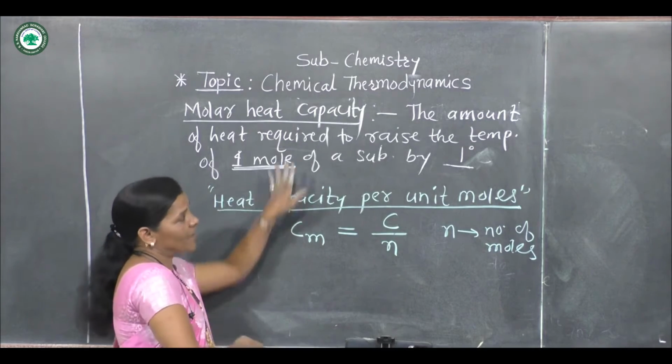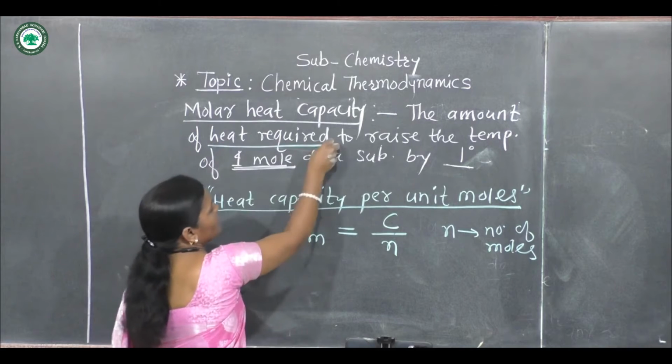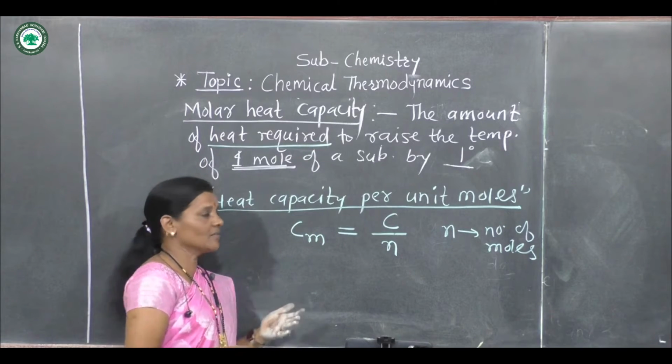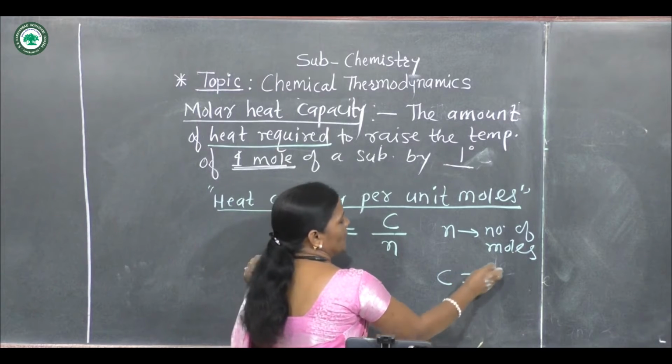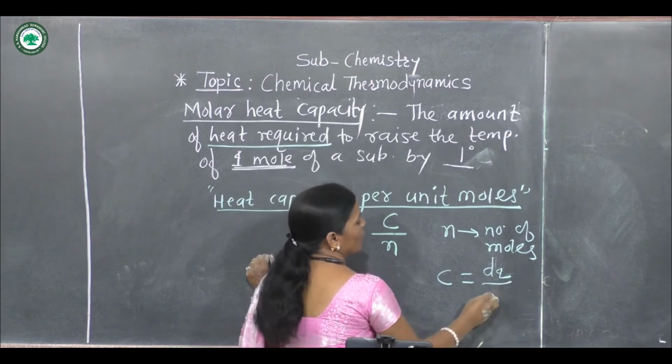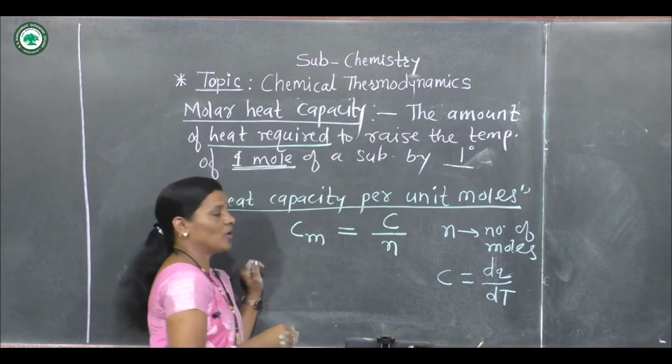But here we have to find out the amount of heat required. So again we can put the value of heat capacity as dq upon dt.